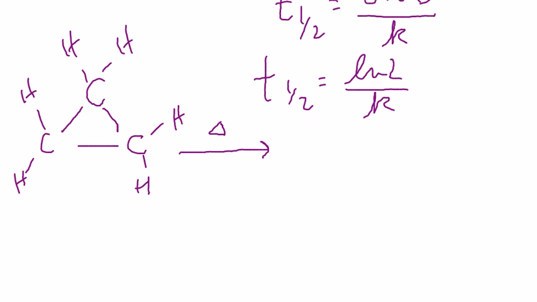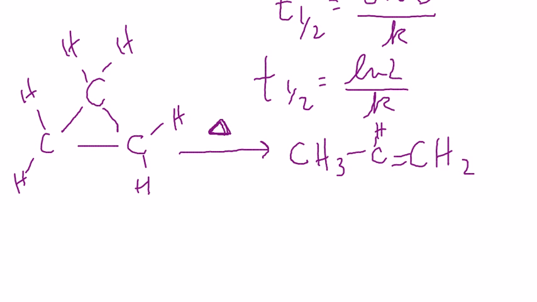If we put an arrow and a triangle, the triangle means with added heat, it will degrade into CH3, CH, and CH2.